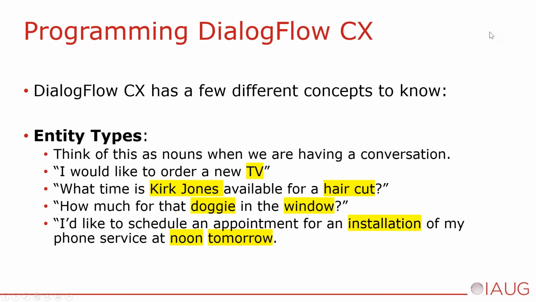Now, some concepts as we start going through the programming interface. There are things to know in the AI world known as entity types. You can think of these as the nouns in a conversation. When you do the programming with Dialogflow CX, you're literally programming as a conversation. You type in something like, what time is Kirk Jones available for a haircut? Or how much for that doggy in the window? An entity type is those nouns that you're trying to extract out of a conversation to do an action with.